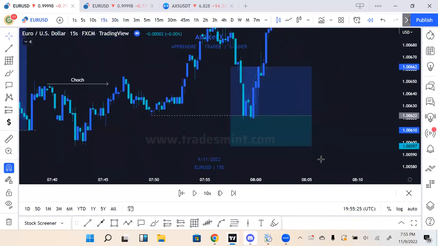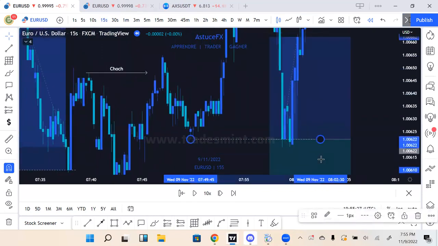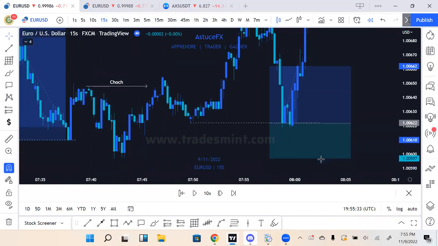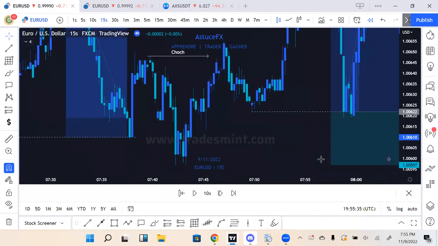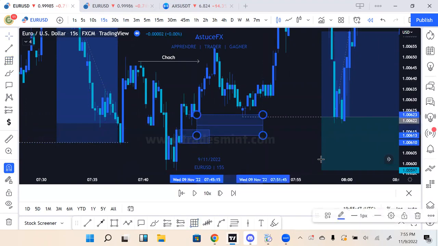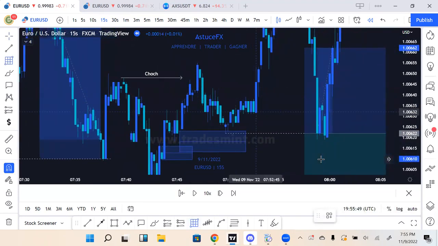Some people can see this and say maybe okay, this one is inducement. You would not enter from maybe this low. But some SMC traders, okay, let me give you this logic. You see this OB is mitigated, right? And this is the only unmitigated OB. If I send you this setup, would you take it or not?